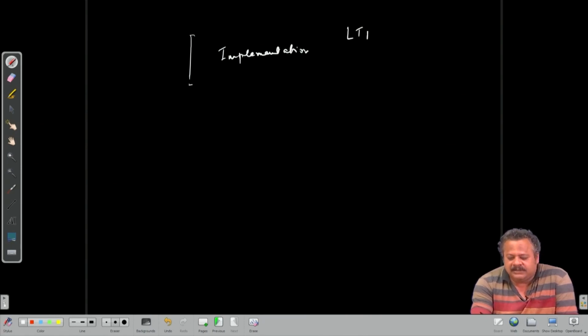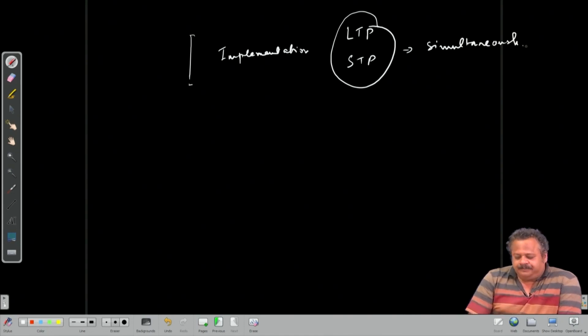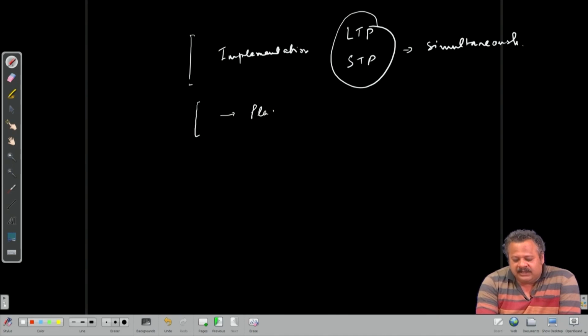I hope that here you appreciate the overall points that have been covered. In this case we have implementation of long term plasticity and short term plasticity, both of them simultaneously. We have so far been talking of them separately. Secondly, we have an example which appears counterintuitive, in the sense that we always talk of learning and plasticity as something that is repeated multiple times in association with something else.